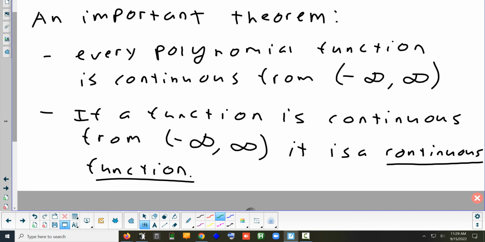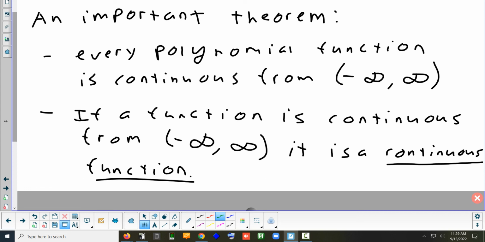Just think of a parabola. Any questions on that idea? Alright, so doesn't that just say that every polynomial is continuous? Yeah, every polynomial is continuous.